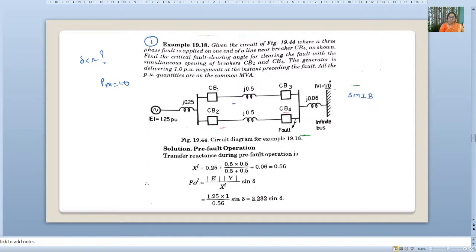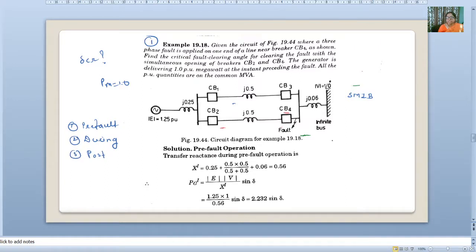Whenever we solve the problem, we have to solve three conditions: the pre-fault condition, the during-fault condition, and the post-fault condition. Here it is directly stated that the fault is on one end of the transmission line.